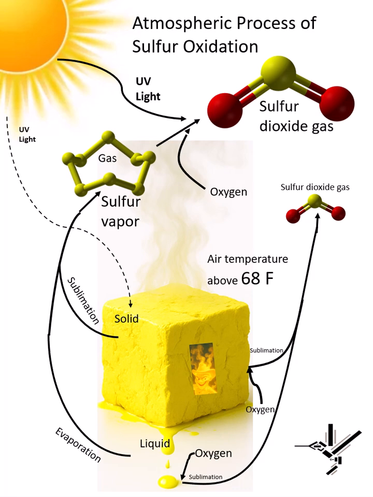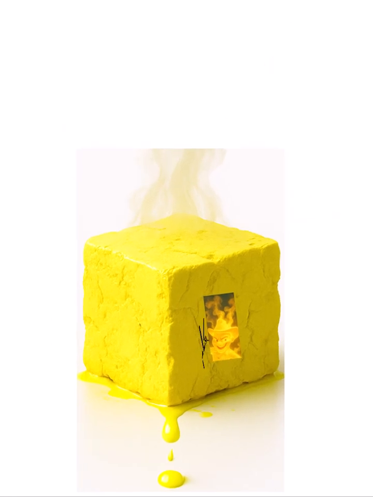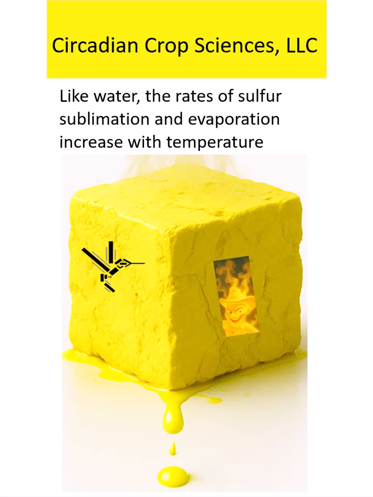Now, sublimation in agriculture does not occur at a rapid enough rate unless temperatures are above 68 degrees Fahrenheit. Like water, the rates of sulfur sublimation and evaporation increase with temperature.